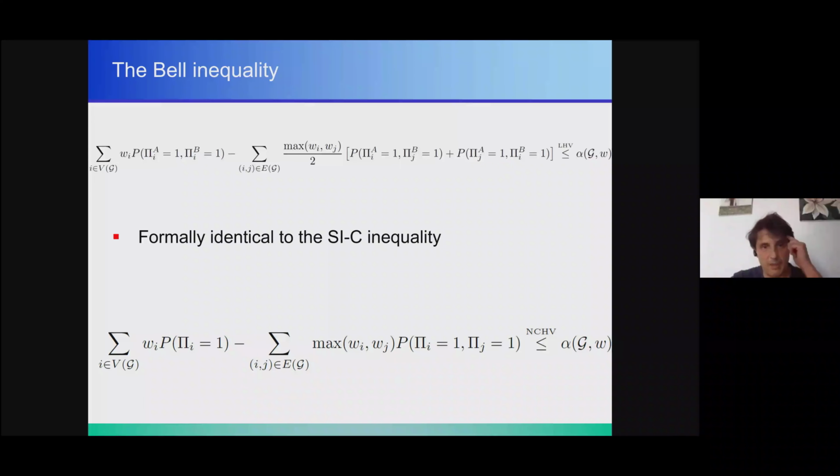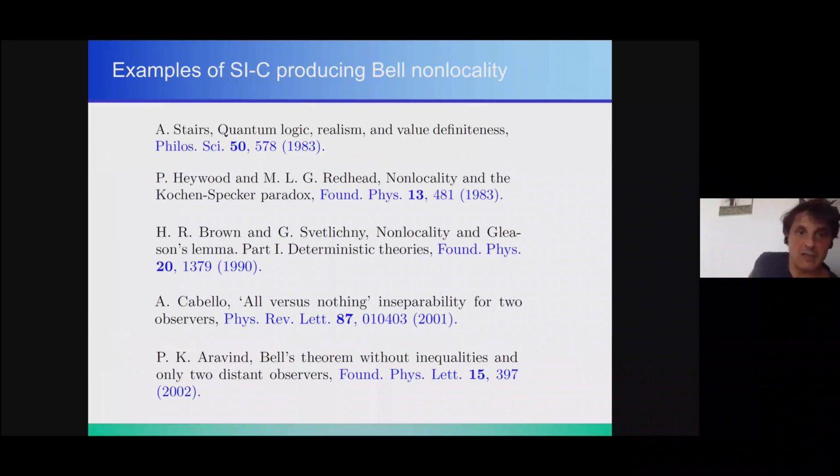To emphasize the difference between this second step and previous works, we should first mention at least some of these previous works. As far as I know, the first one was by Alan Stairs, then Heywood and Redhead, and this created at that time a long series of about 10 papers. The one I most like is by Harvey Brown and George Svetlichny.